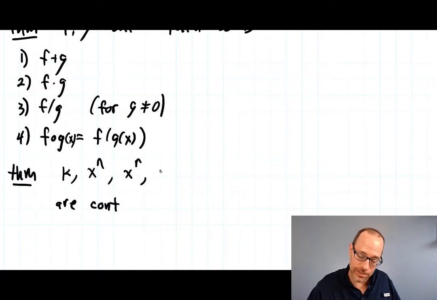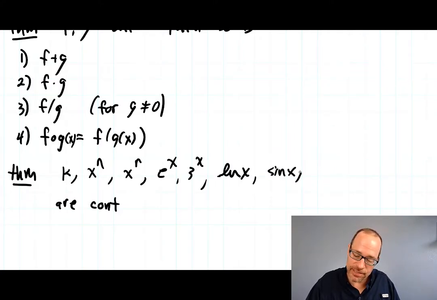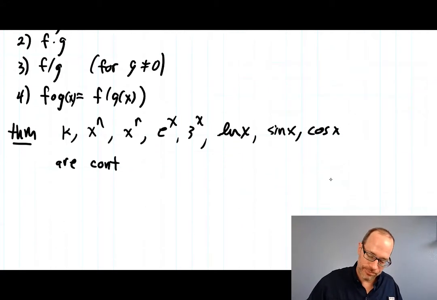Exponential functions, e to the x, 3 to the x, those are all continuous. Logarithms, obviously where they're defined for x bigger than 0, are continuous. Trig functions like sine of x, cosine of x, those are all continuous. So all the basic functions you know and love are continuous. Anyway, let's do our example.